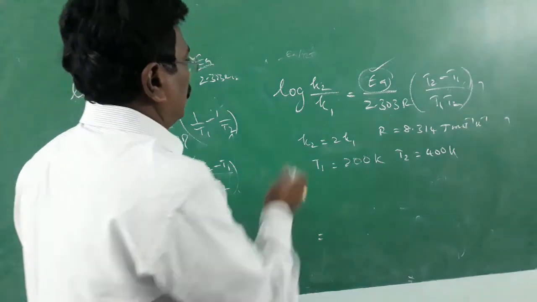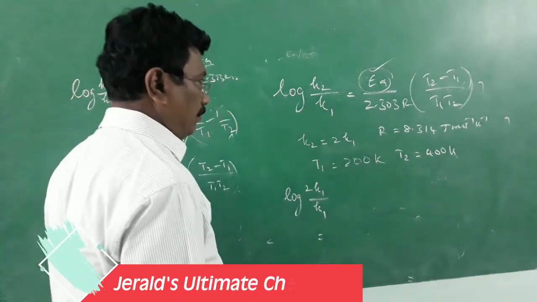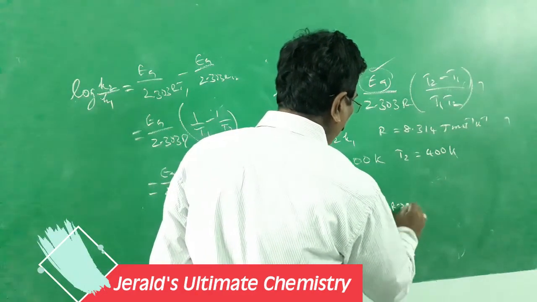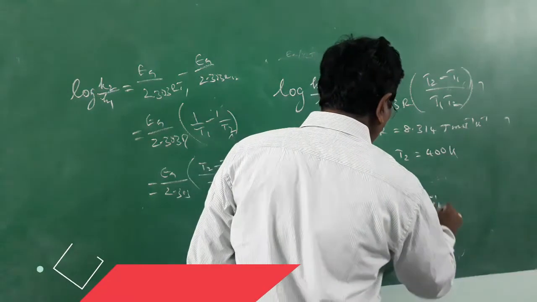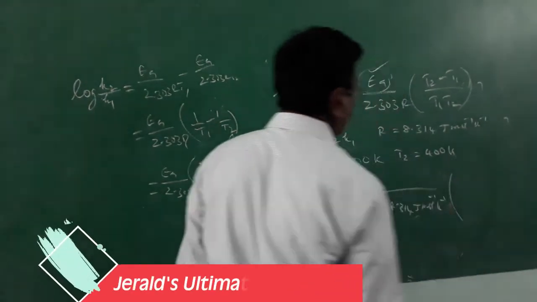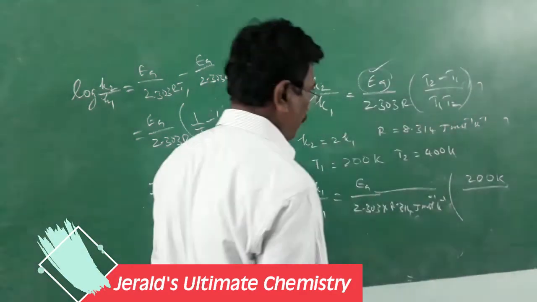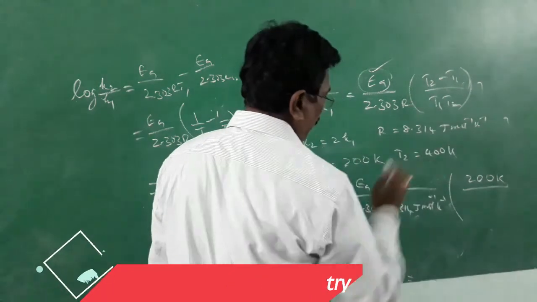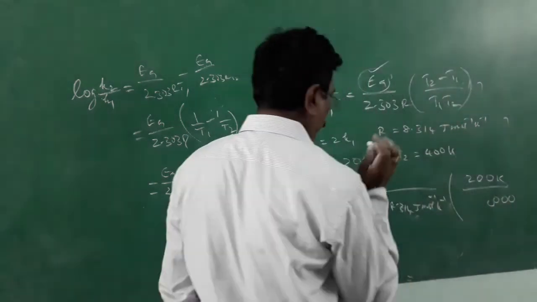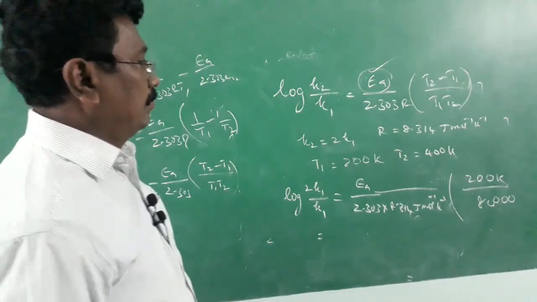Now I can substitute: log 2K1 by K1 is equal to Ea by 2.303 into 8.314 joule per mole per Kelvin, into T2 minus T1, 400 minus 200 Kelvin, divided by T1 T2, 200 into 400 Kelvin squared.